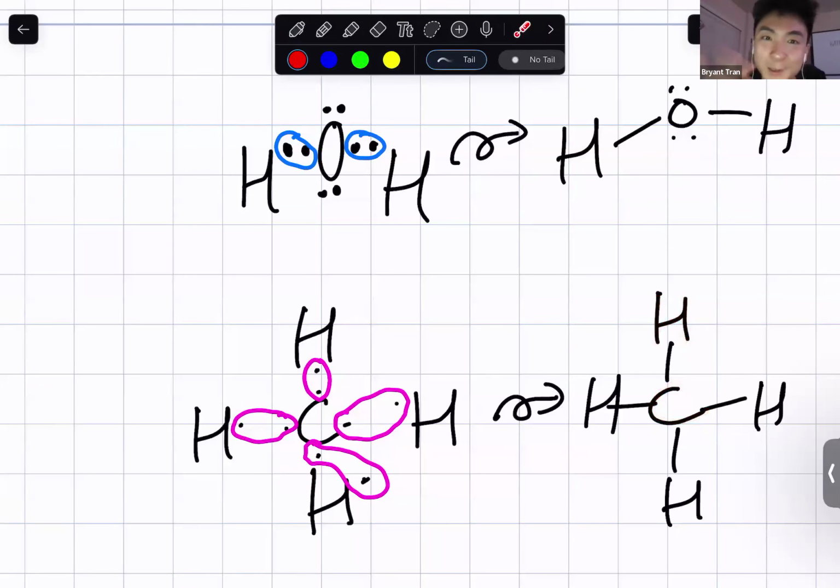There's no partial positive charge, there's no partial negative charge. But oxygen is very electronegative. It has a high electronegativity. So if you take the difference between the oxygen electronegativity and hydrogen electronegativity, it's big enough to have a partial negative charge on oxygen and a partial positive charge on hydrogen like that.